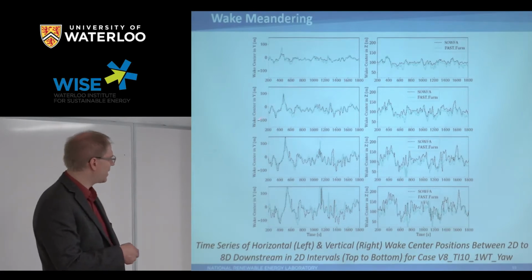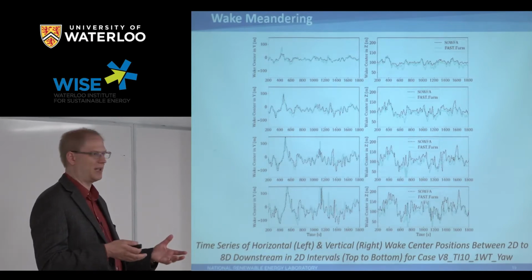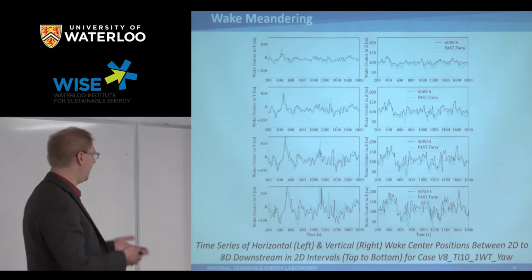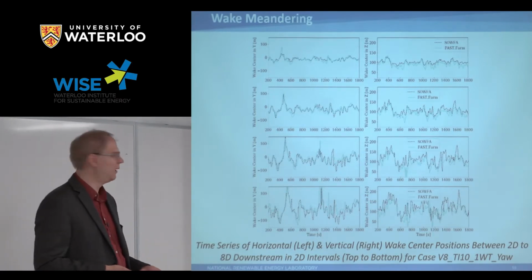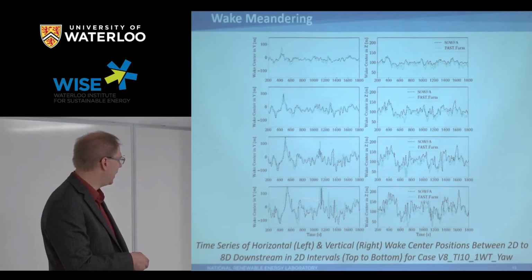It's very interesting that we capture this wake meandering very well out of FAST.Farm. It's really this passive tracer mentality, where the large structures of the flow that push the wake around capture that effect well with our FAST.Farm code. We even capture the extremities of the wake in the meandering.